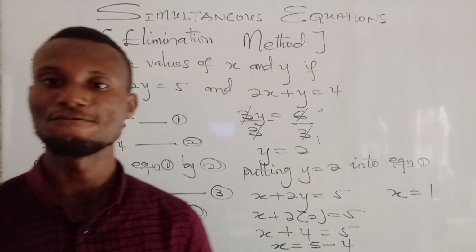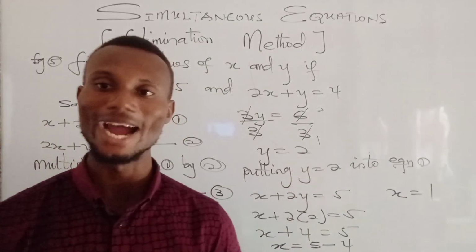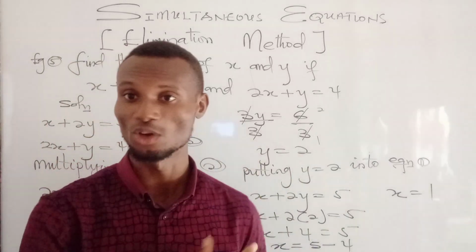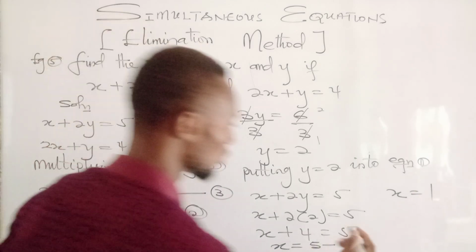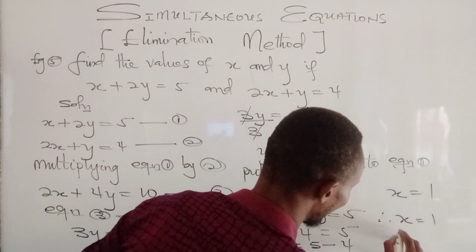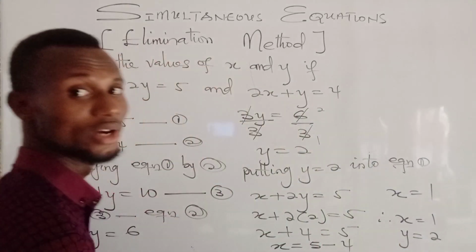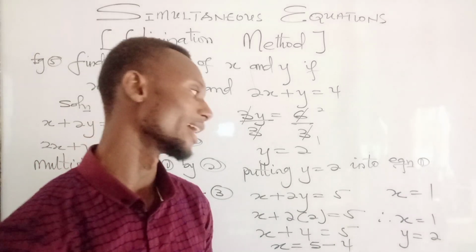That is the final answer for solving for s and y in the given simultaneous equations. Let's conclude by writing, therefore, s is equal to 1 and y is equal to 2. So that is our final answer.